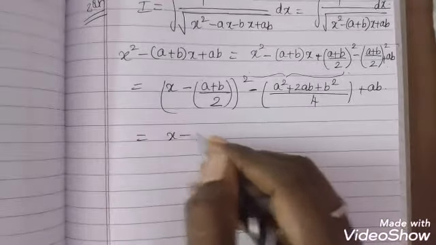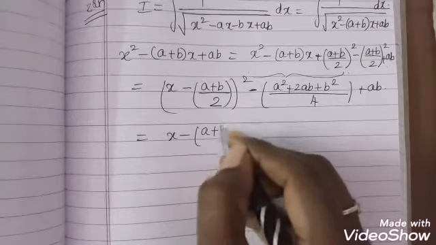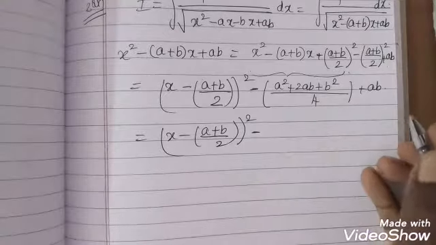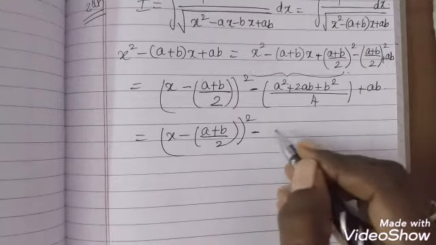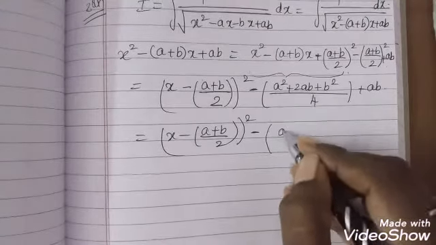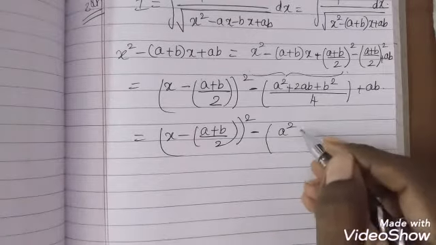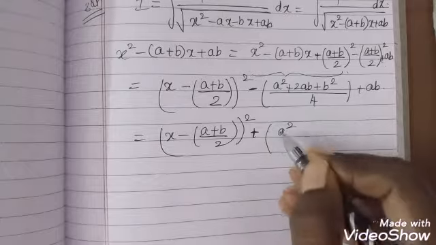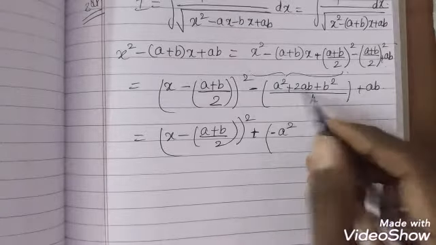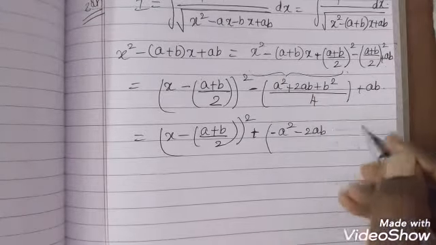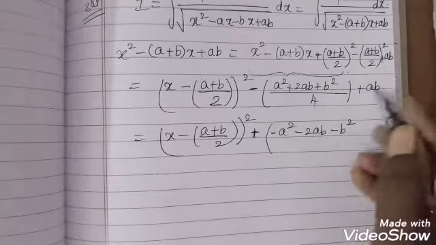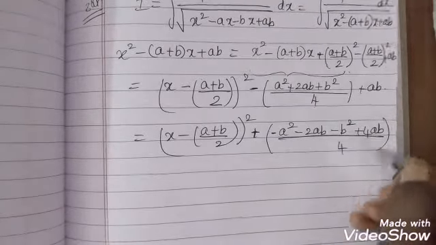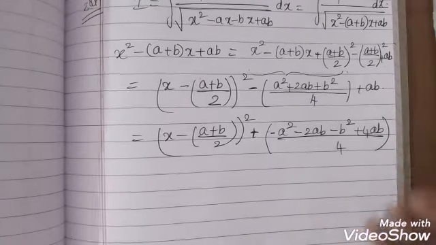It is nothing but x minus (a plus b) by 2, the whole squared, minus. When you cross multiply this, you have a squared plus 2ab plus b squared. When you multiply the minus sign, you have minus a squared minus 2ab minus b squared, plus 4ab, divided by 4.